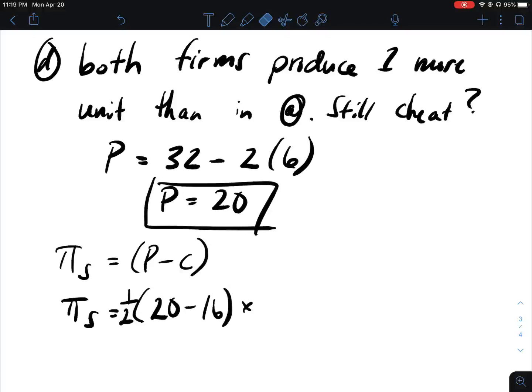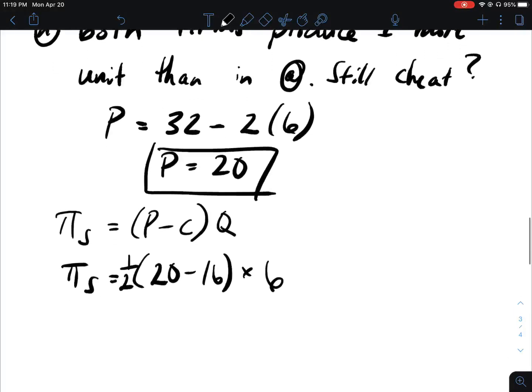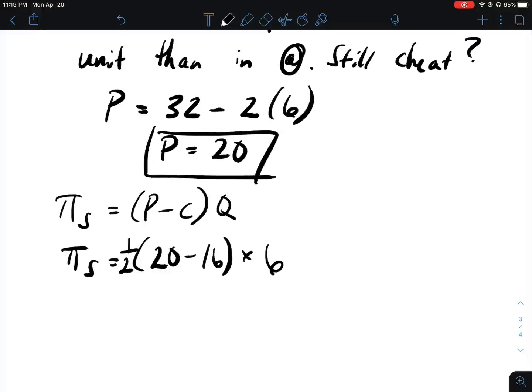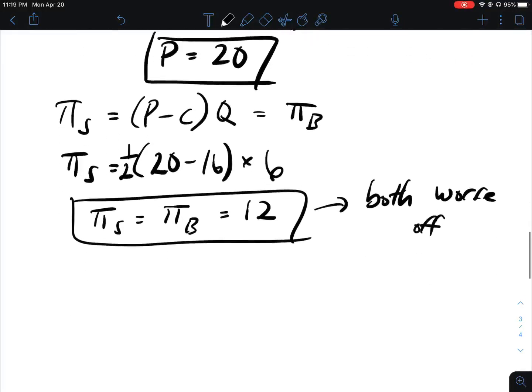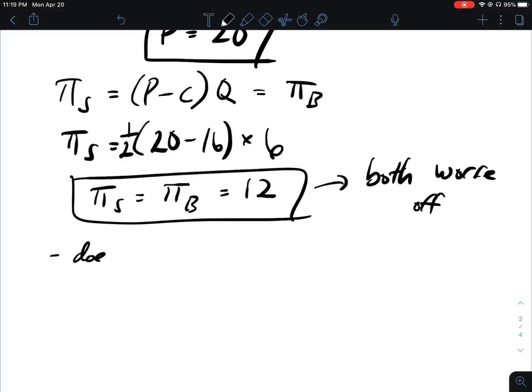We're keeping it relative to part A, so we have to divide the profits in half and multiply by the market quantity. So we have 1/2 times the new market price, which is 20, minus the constant marginal cost times the market quantity. They're splitting the profit evenly, so profit for Squeaky Clean is equal to the profit for BioBase, and that profit is 12. And so when they both produce 1 more unit, both firms are worse off.